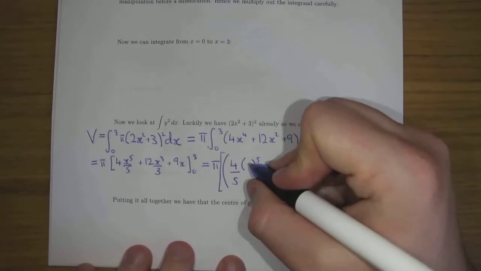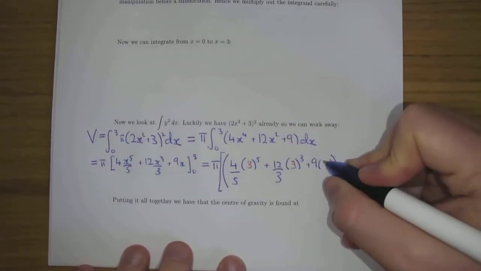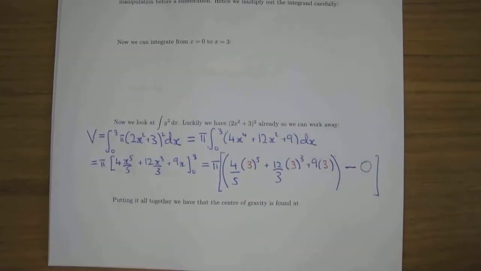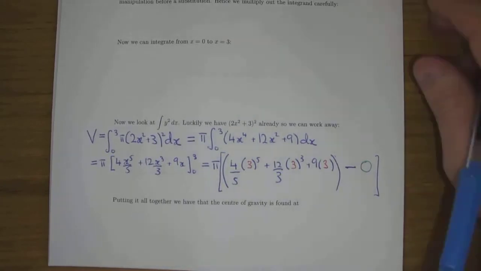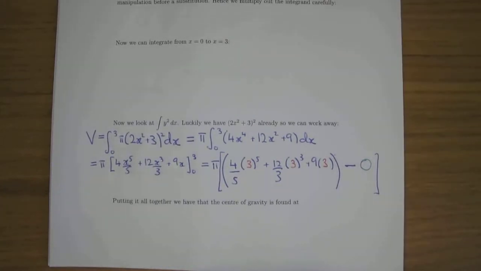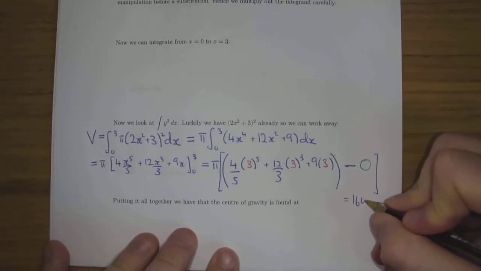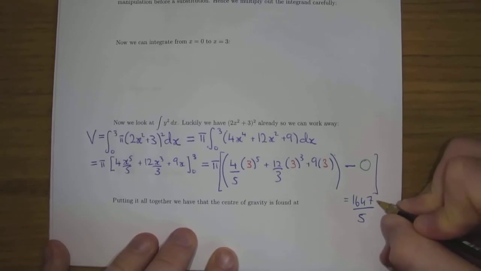Substitute in the 3, and let's see what we get. I think we had the same integral in the previous question. 4 fifths by 3 to the 5. 12 over 3 is 4 by 27 plus 27. 1647 over 5 by pi.